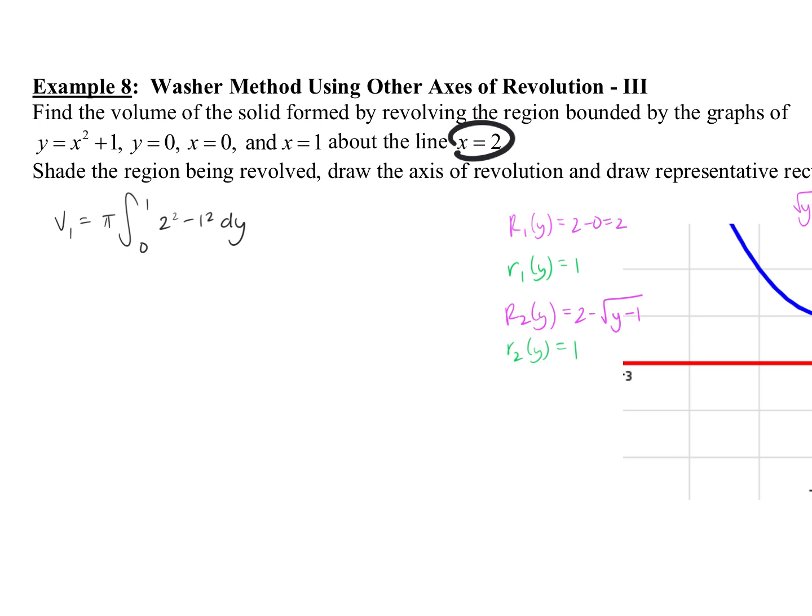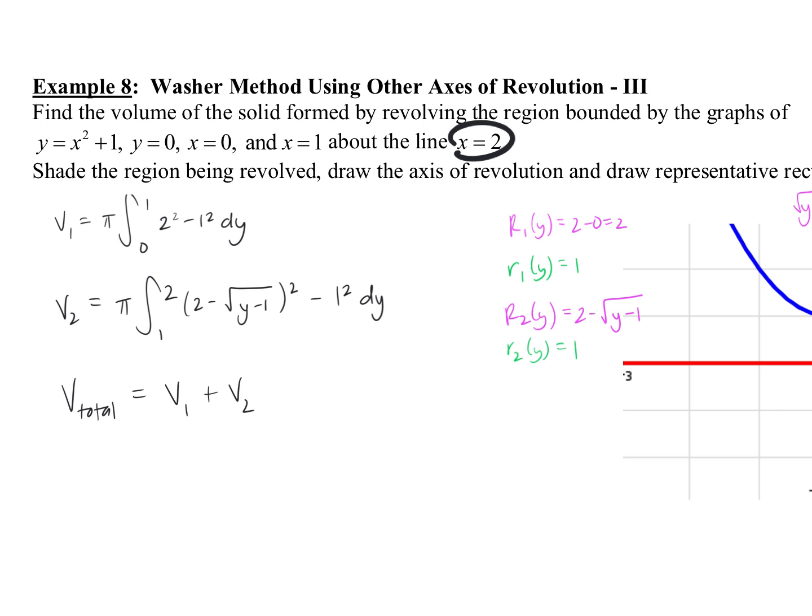Yes? And then volume 2 is pi times the integral from 1 to 2 of (2 minus the square root of y minus 1) squared minus 1 squared dy. So then my total volume would be V1 plus V2.